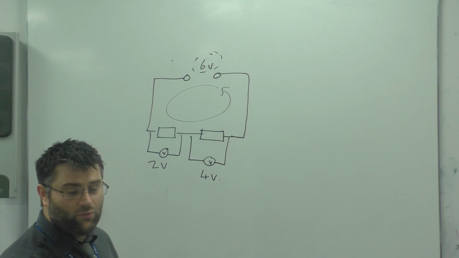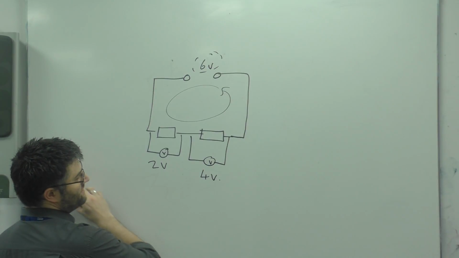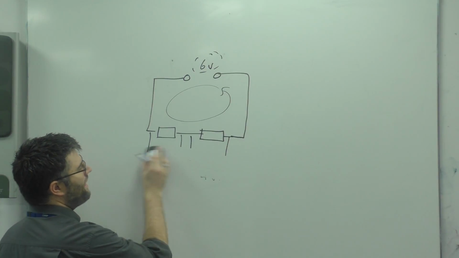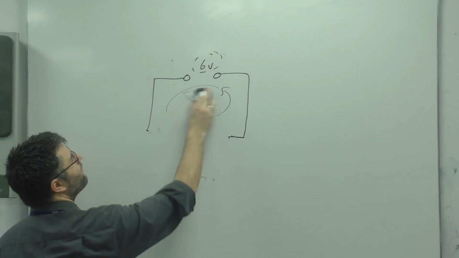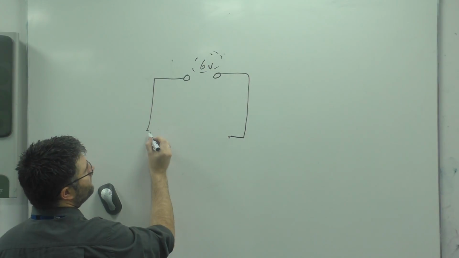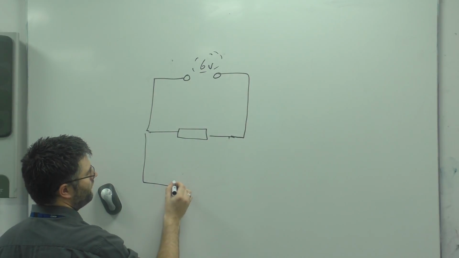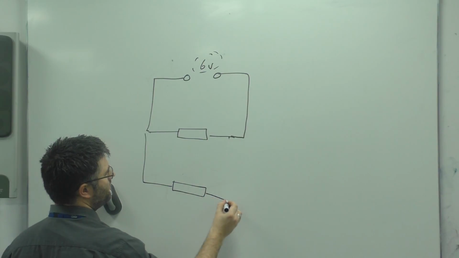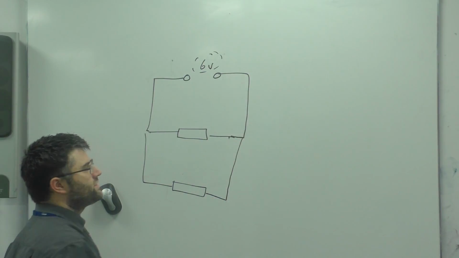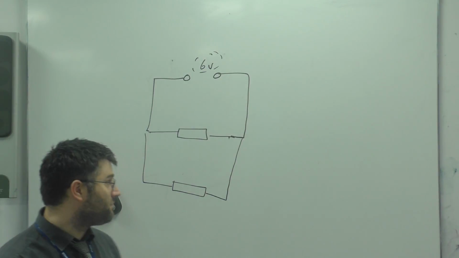But as you well know, we don't just put resistors in series, we can also put them in parallel. So what happens when we put one in parallel? We've got our original one, and we've got another one there. Now you might expect something similar to happen here.